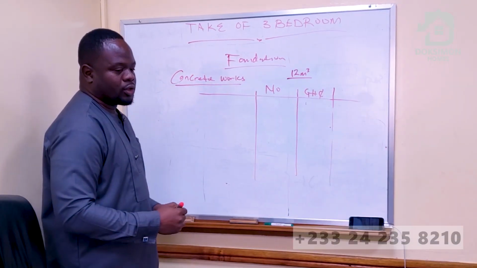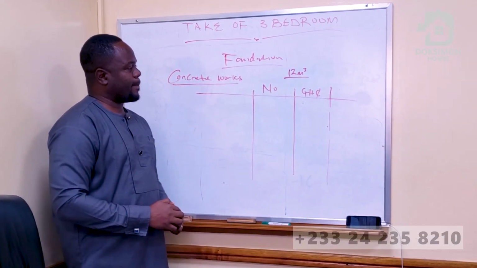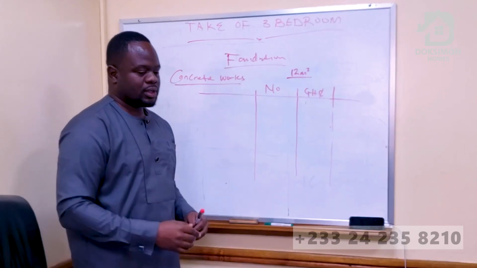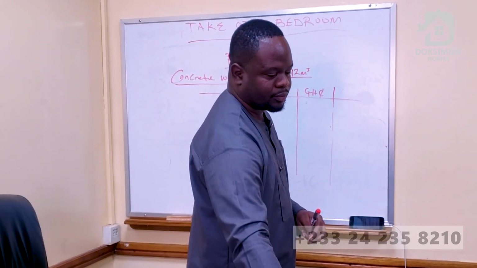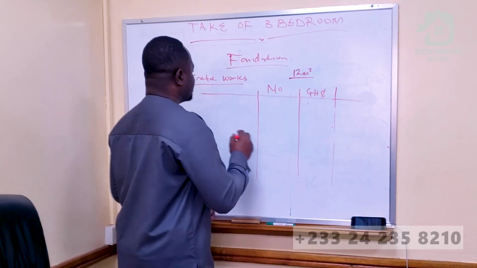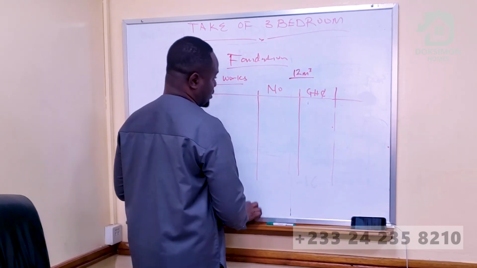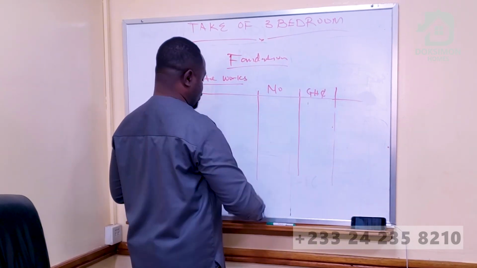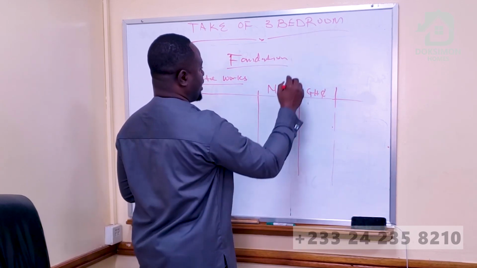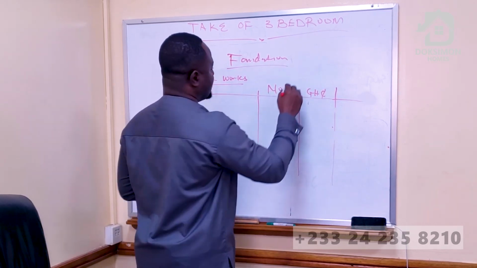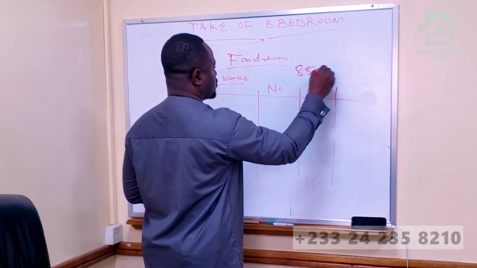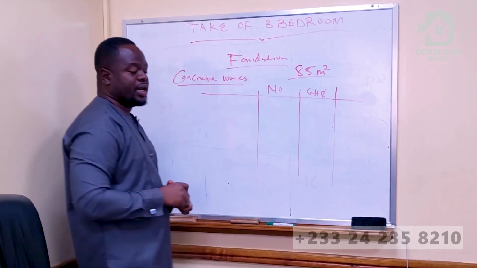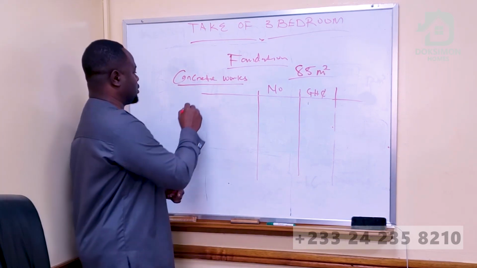All right, so we are going to look at the blocks that we have to erect from the foundation. Now, the total blocks that we are going to use within this 85 meter square, we will need some number of blocks.